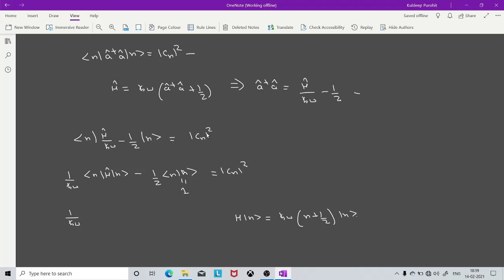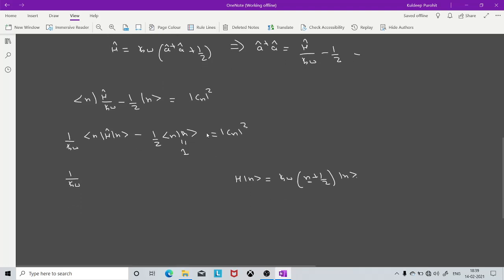Why you are getting this n, just wait for some time, I will let you know. For now, just keep this in mind. So I will write bra n into h cut omega into n plus 1 by 2 into ket n, minus 1 by 2, is equal to mod of Cn square.